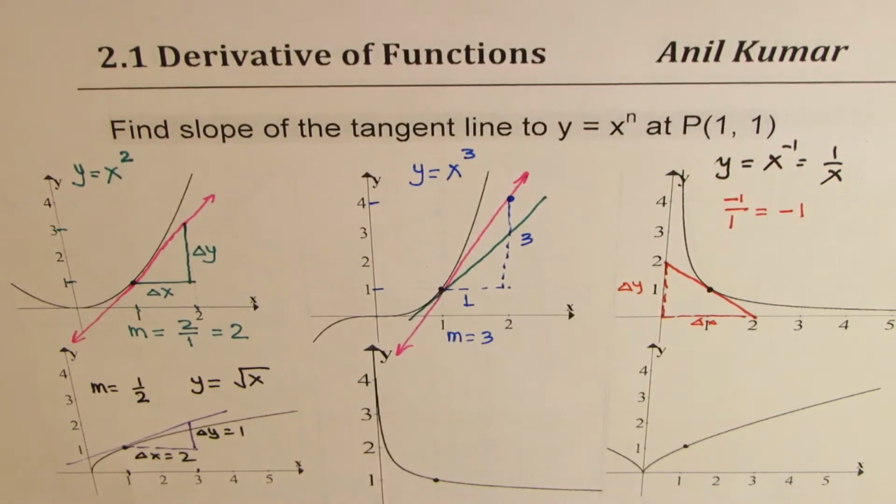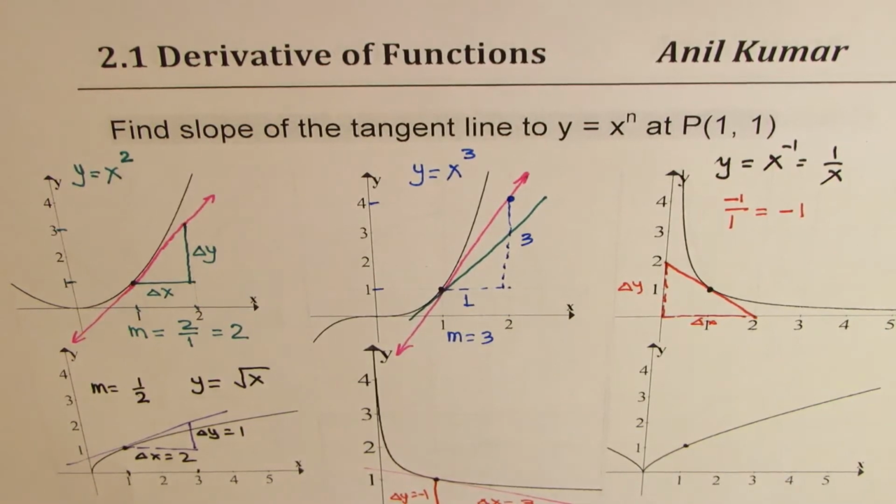Perfect. Now, in this particular case, let me draw a tangent. So what we get here is kind of like this. Okay, this is good. Now, if that's the tangent line, the slope is negative. The change in y is negative 1, and the run is 3, correct?